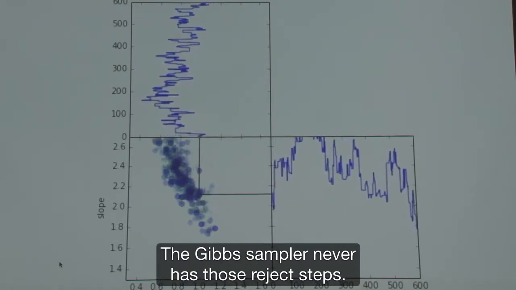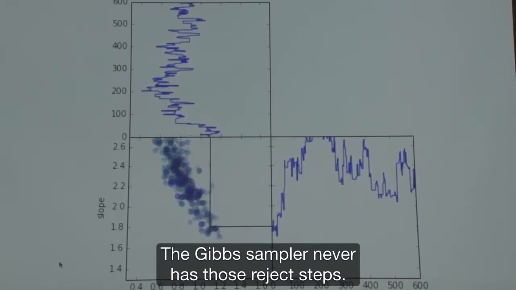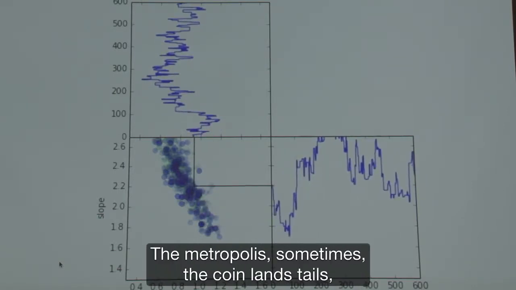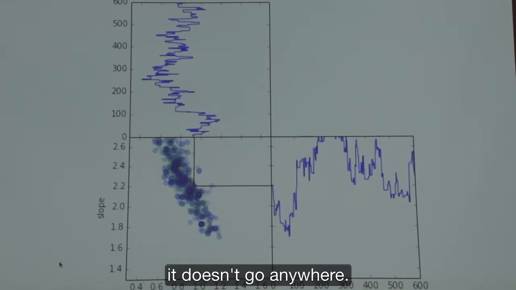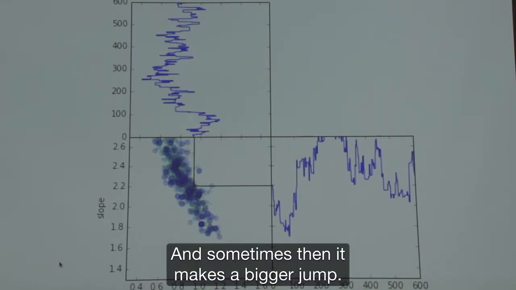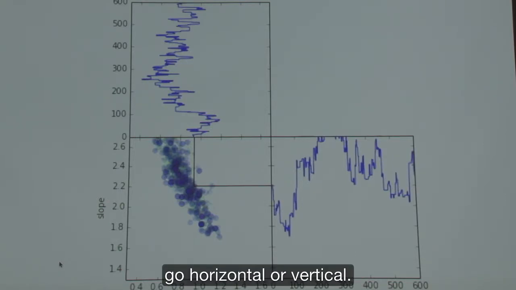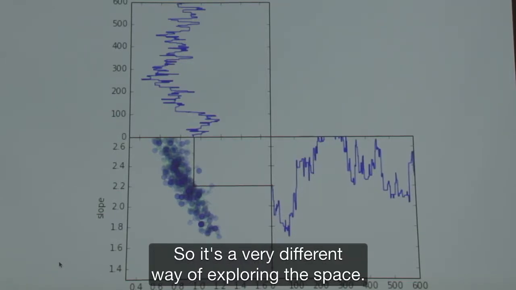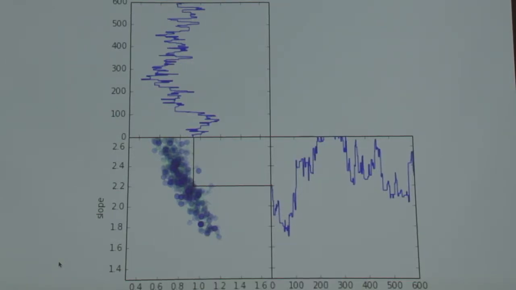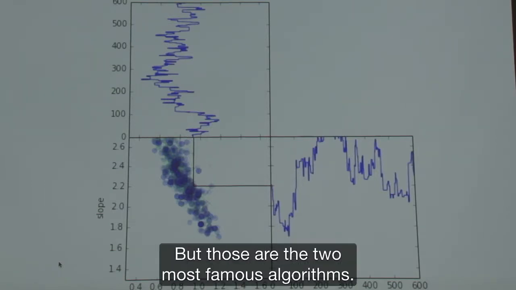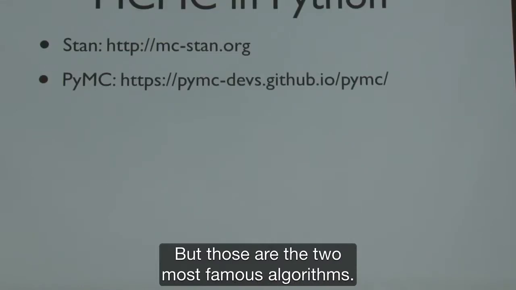The Gibbs sampler never has those reject steps; it always keeps moving. With Metropolis, sometimes the coin lands tails and it doesn't go anywhere, and then sometimes it makes a bigger jump, whereas Gibbs is more rigid, in that it can only go horizontal or vertical. So it's a very different way of exploring the space, and that's a huge area. But those are the two most famous algorithms.